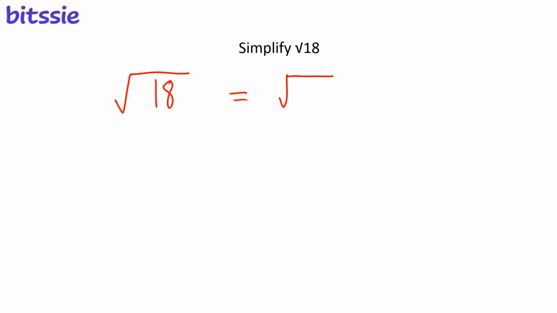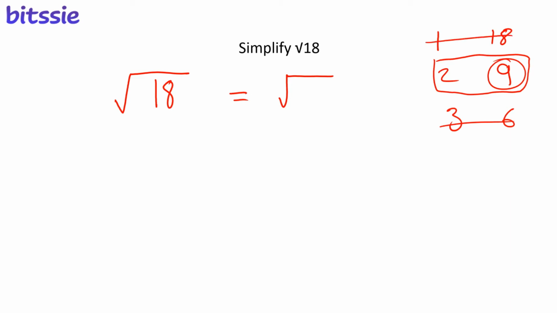Its factor pairs include 1 and 18, 2 and 9, 3 and 6. However, the only one of these which includes a square number is 2 and 9, since 9 is equal to 3 squared.